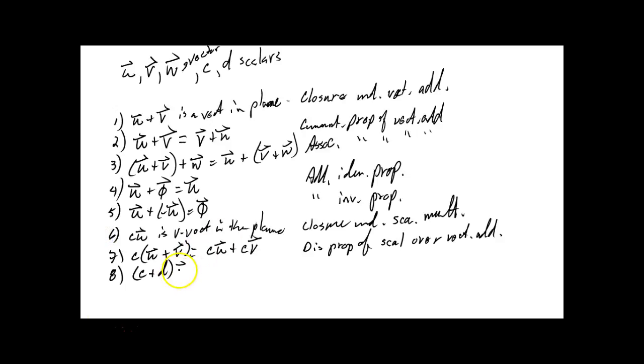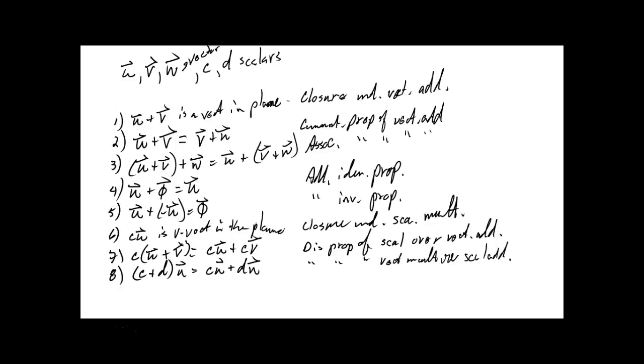Okay. What would that give you? CU. I see U. Okay. Plus DU. Absolutely. Okay. And that's also a distributive property, but this time it's really vector multiplication over scalar addition, if you think about it.